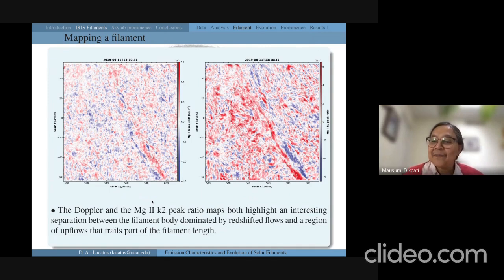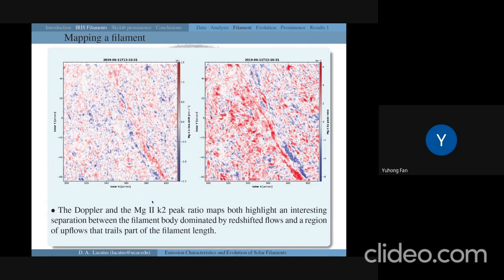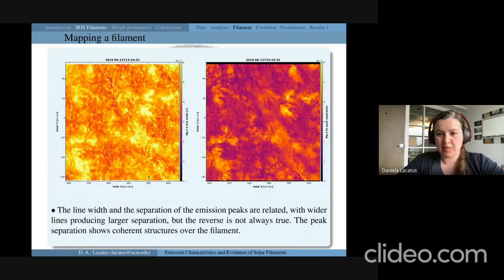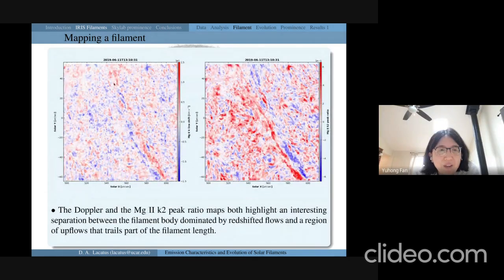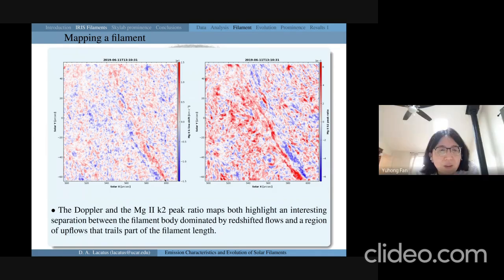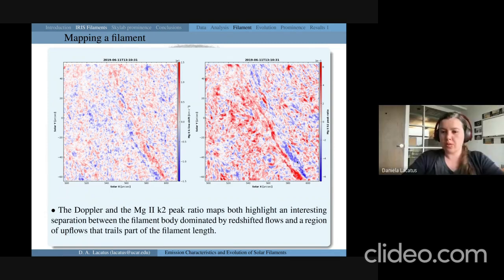Yuhong. Oh, yeah, the same map here. Where is the filament spine relative to this Doppler map? So the filament is situated just at the edge of the blue shifted part and over the red part in the Doppler map. So you're saying the spine is between the blue and the red?